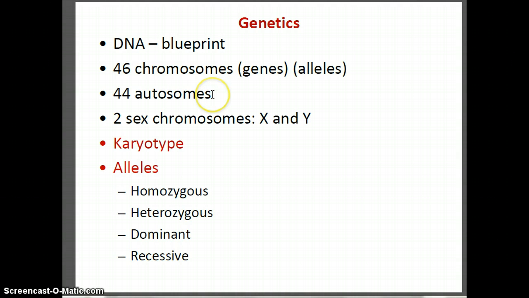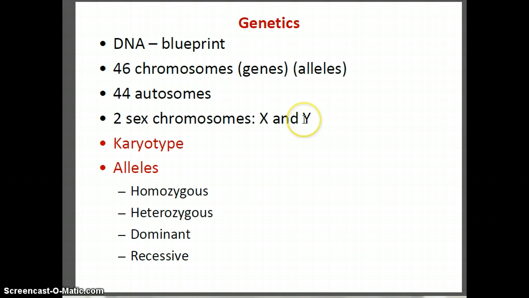44 of our chromosomes are called autosomes, which means body chromosomes, and then 2 of our chromosomes are the sex chromosomes: the X chromosome, which is contained in the female as 2 X chromosomes, and the Y chromosome, which is contained in the male as 1 X chromosome and 1 Y chromosome.